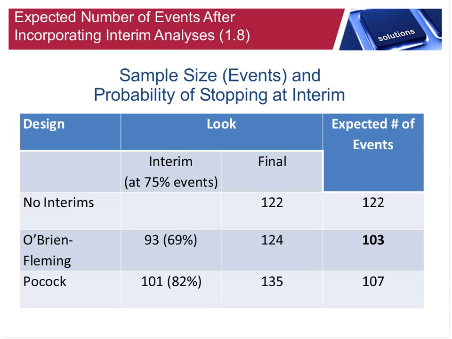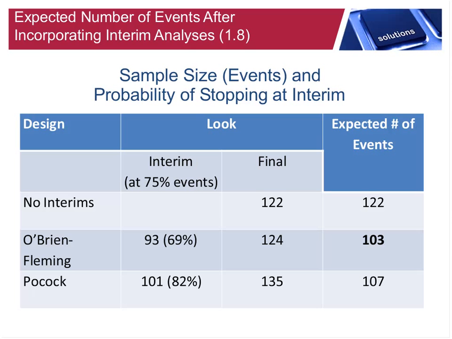If we go with O'Brien-Fleming, which is not a very aggressive function, then we have approximately a 70% chance to stop at the first interim analysis, which is at 75% of events. So we have a good chance to stop the trial early. Because we have to adjust our alpha, the maximum number of events that we may need is 124.